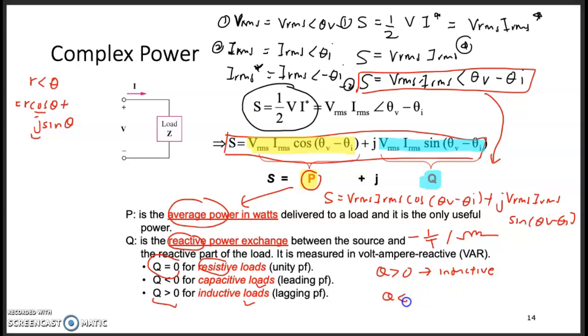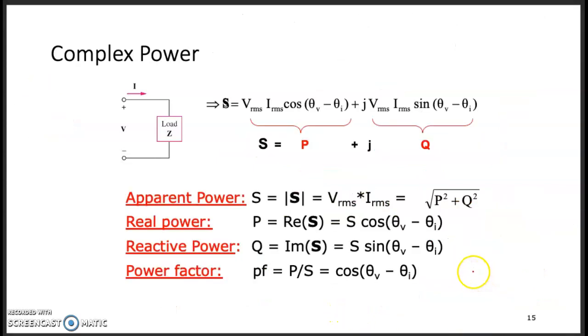If your Q is less than 0, it is capacitive. Inductive here means lag, capacitive here means lead. How do you remember this one? ELI the ICE man, right? If this is a capacitor, I will lead the voltage. If this is an inductor, I will lag the voltage. So we call it lagging.